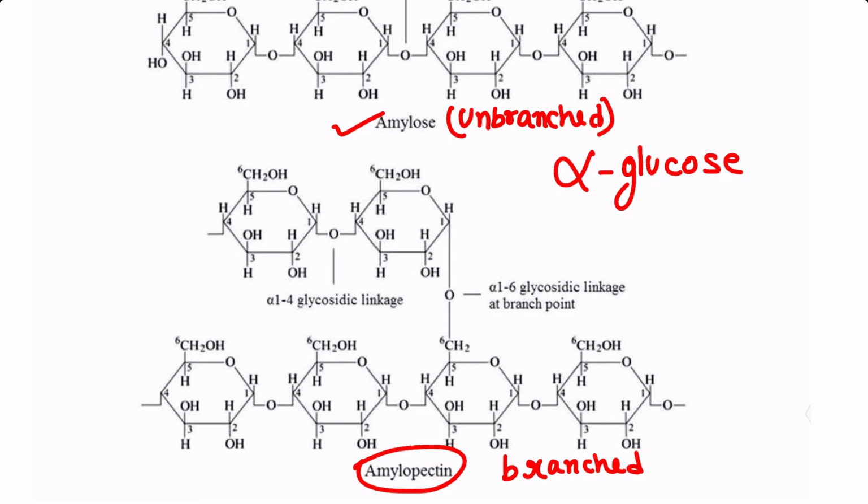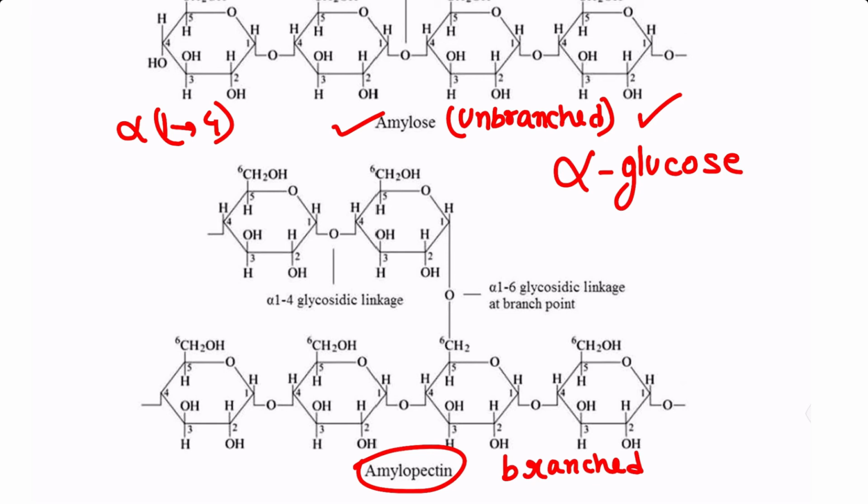Amylose possesses a linear structure. This is an unbranched linear structure with alpha 1,4 glycosidic bonds. A number of alpha glucose units are combined here via alpha 1,4 linkage to form amylose.